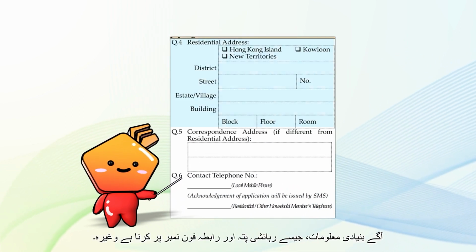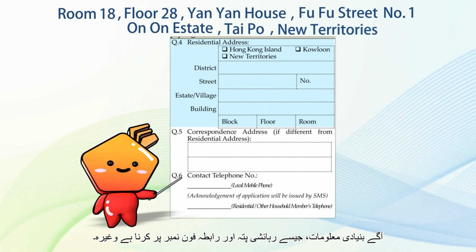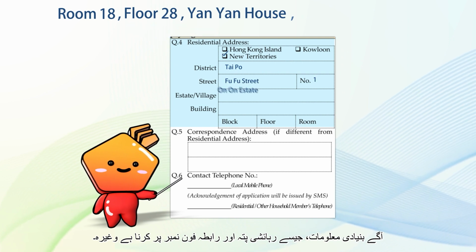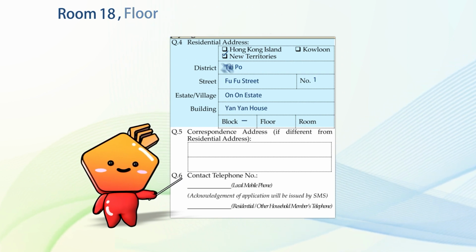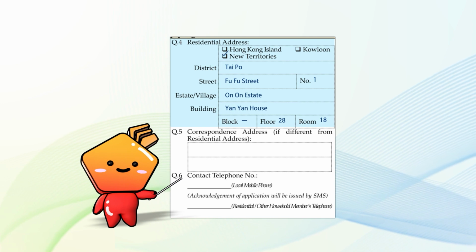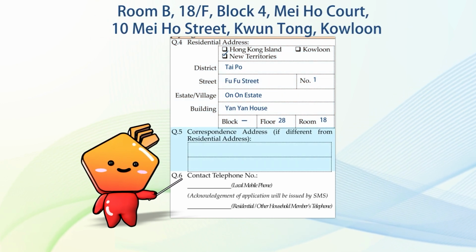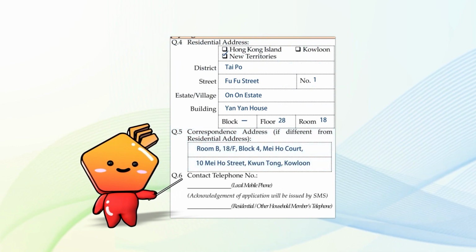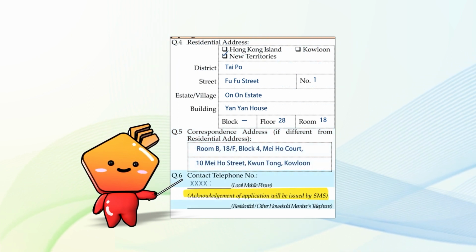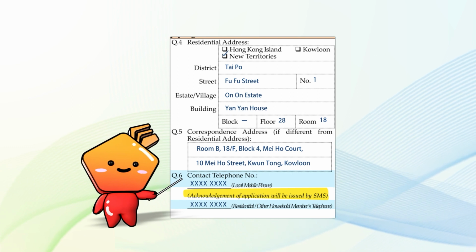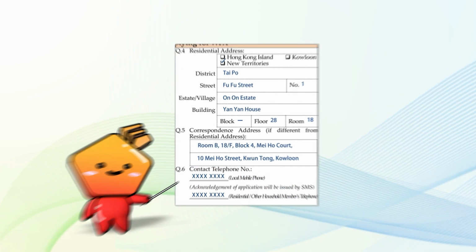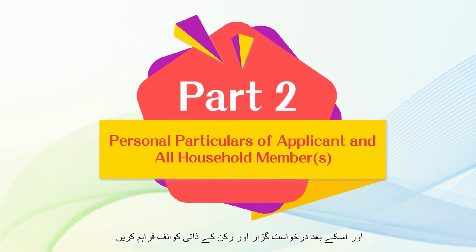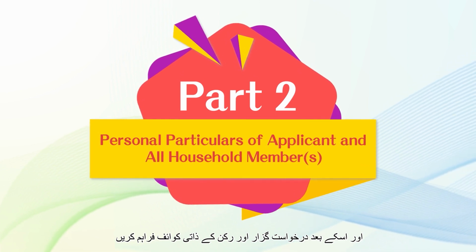Next is to fill in basic information, such as residential address, contact phone number, etc. The next step is to fill in personal particulars of applicant and all household members.